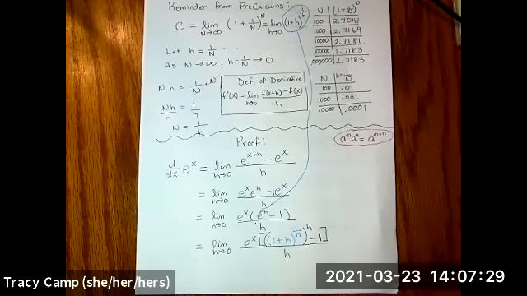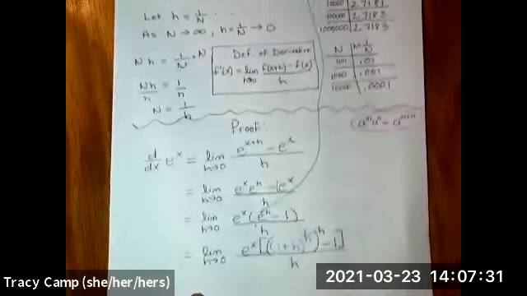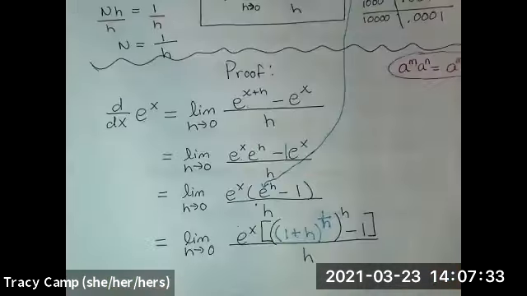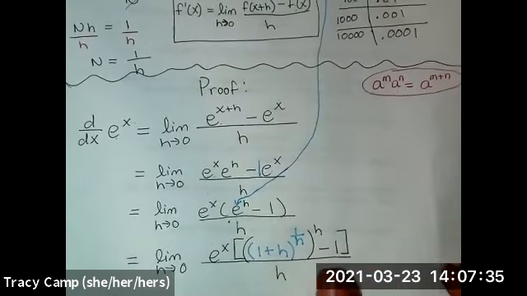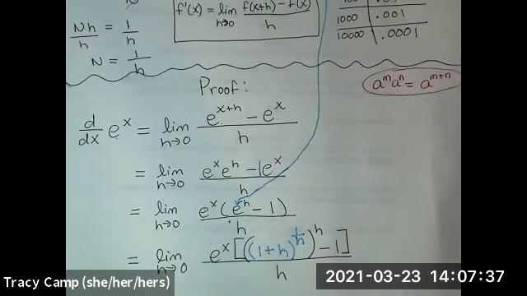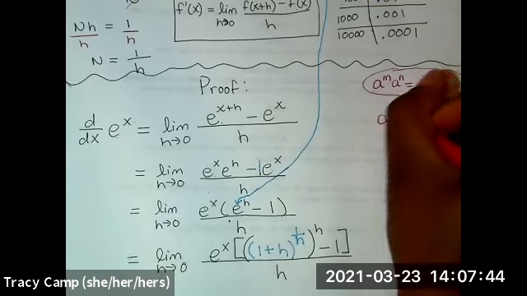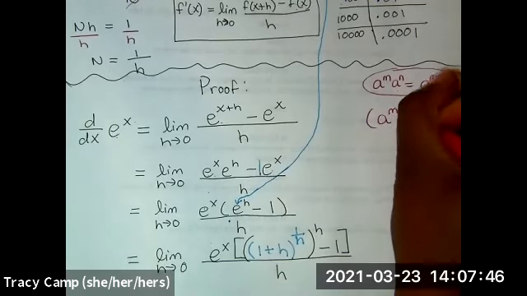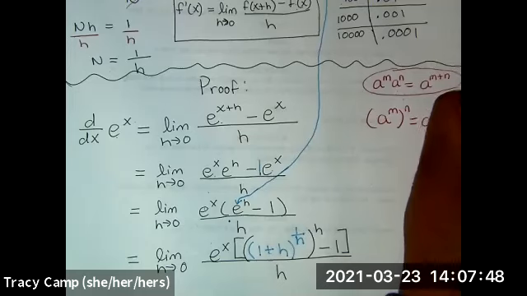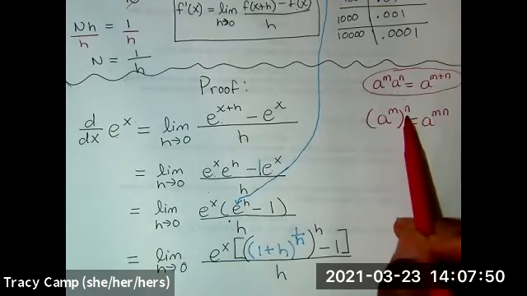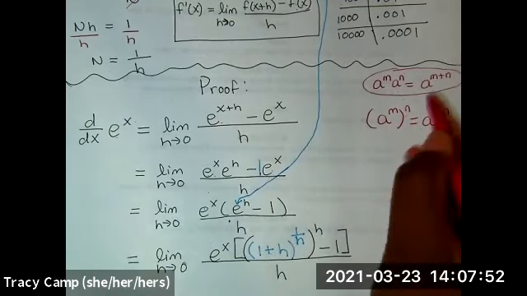Let's zoom back in so we can look at what we have here. And yeah, it looks messy, but watch this. So here's another little reminder from algebra, not a part of the proof. A to the m raised to the power of n is a to the m times n.